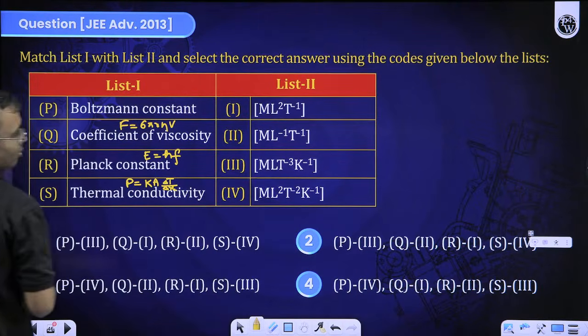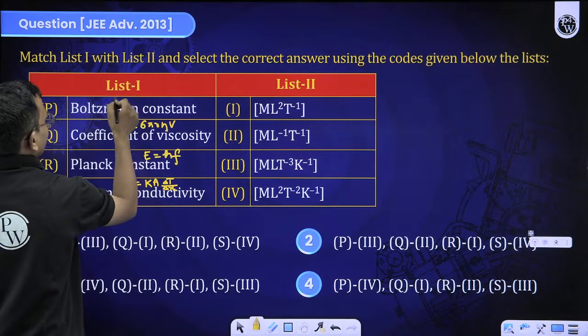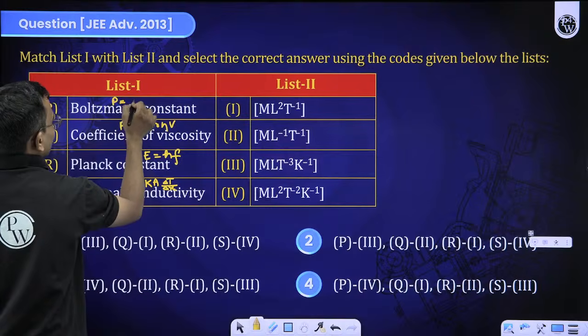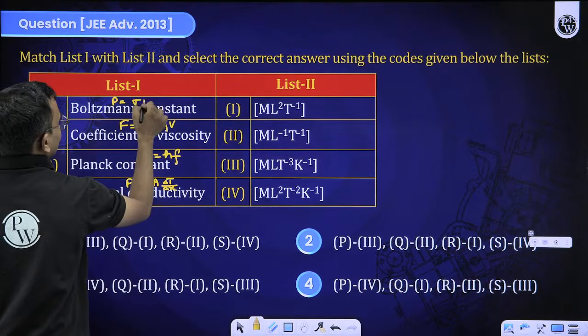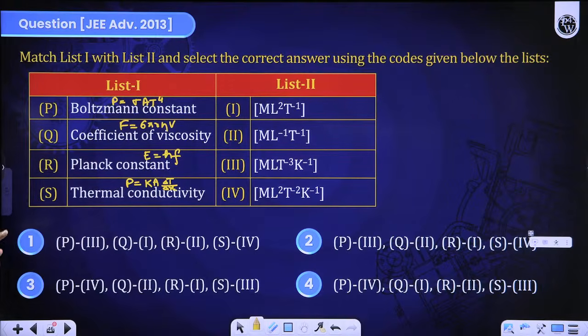Boltzmann constant: you can write power is equal to sigma A T to the power 4, where sigma is the Boltzmann constant, and then you can write what relation comes for sigma, and then what the answer will be.